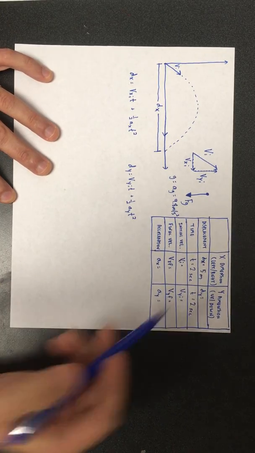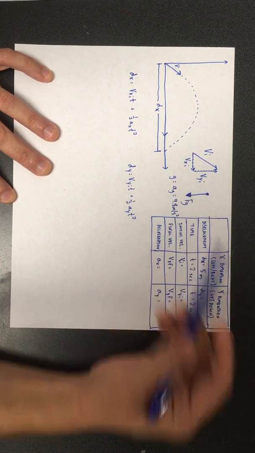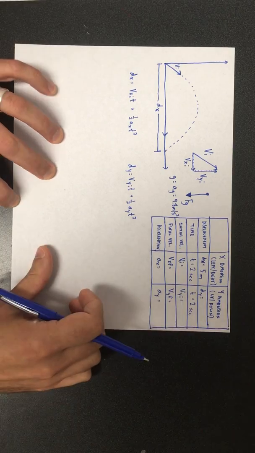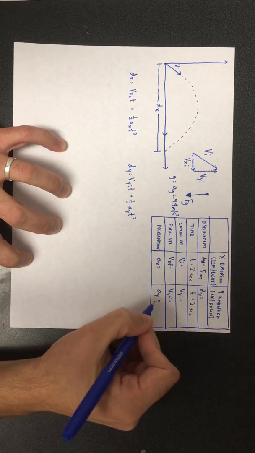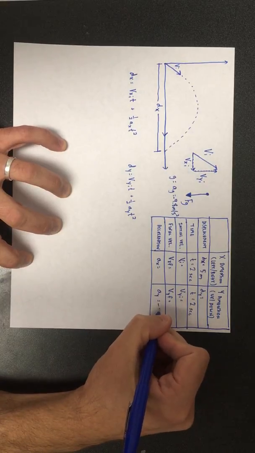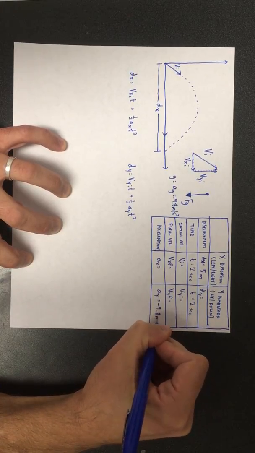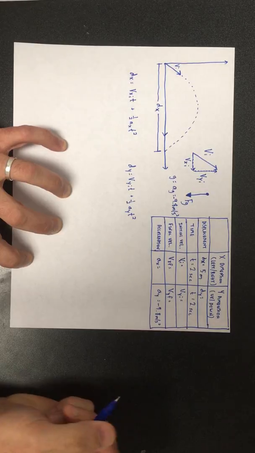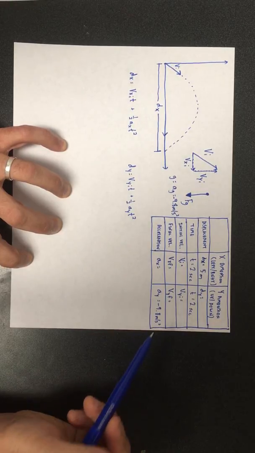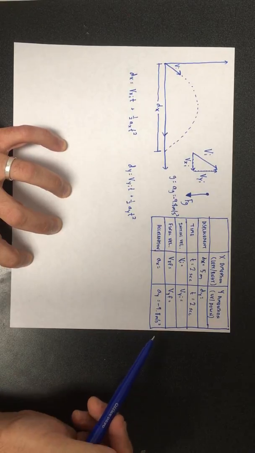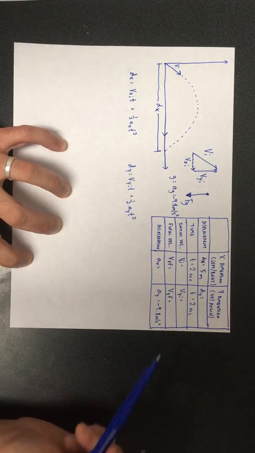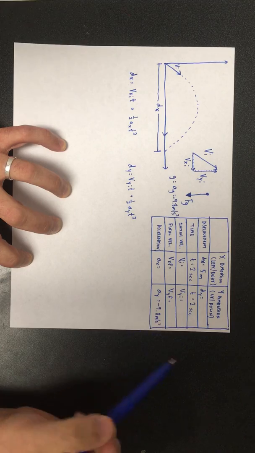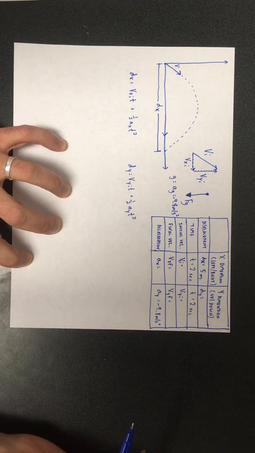So now we know that acceleration is in the downward dimension. I should probably make that a negative to be consistent. In the y dimension, it's going to accelerate downward at 9.8 meters per second squared. As long as you're on planet Earth, that's the constant you use. Later, we'll look at what happens if you have a different acceleration due to gravity because you're on a different planet. But for now, we're on planet Earth, so 9.8.